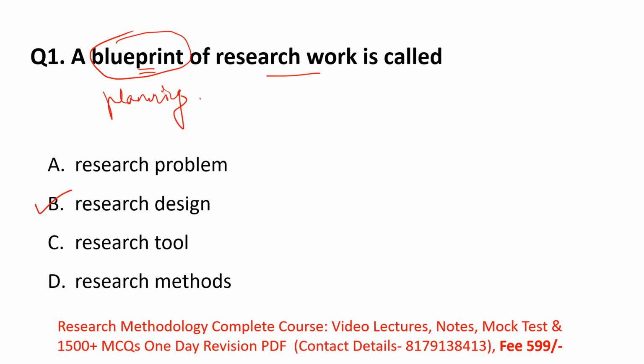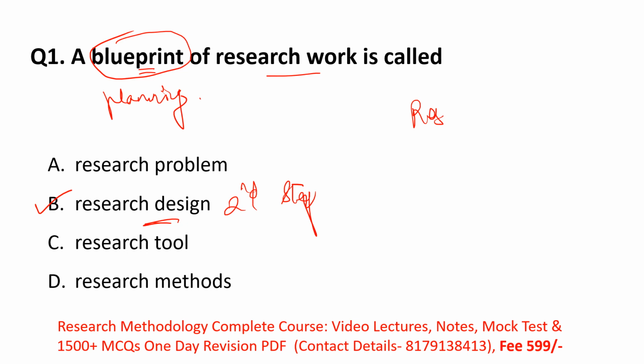So basically blueprint means planning. In research, the second step is research design, in which the researcher plans everything, like how they will collect data, how they will lay down the hypothesis, and where they will select the sample.